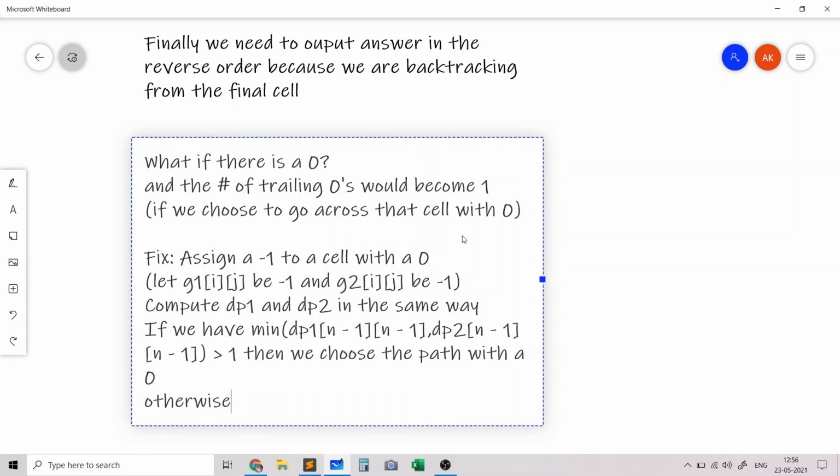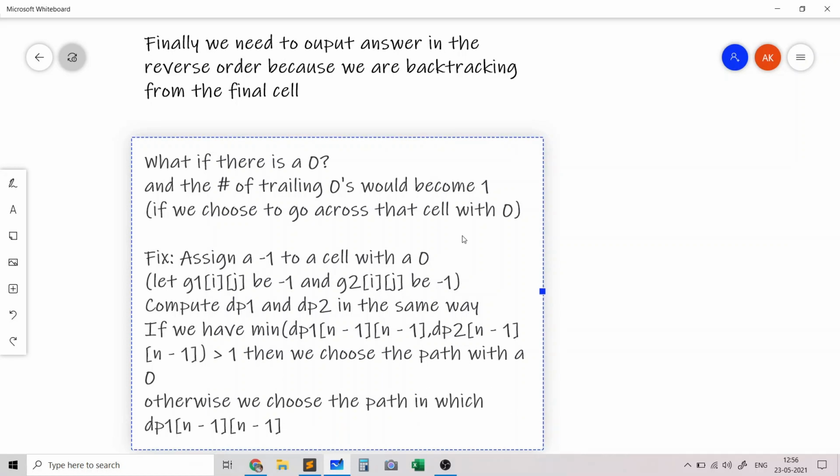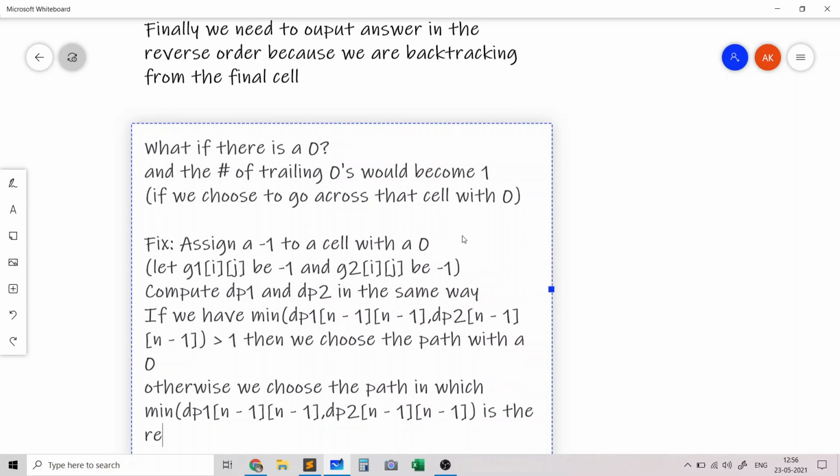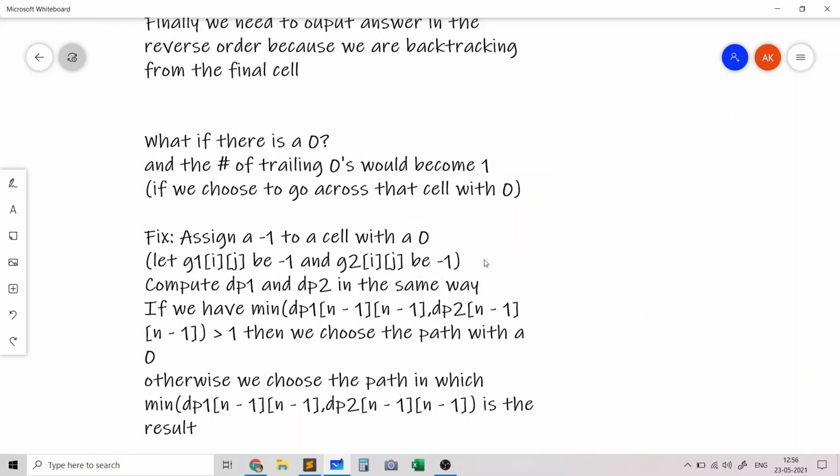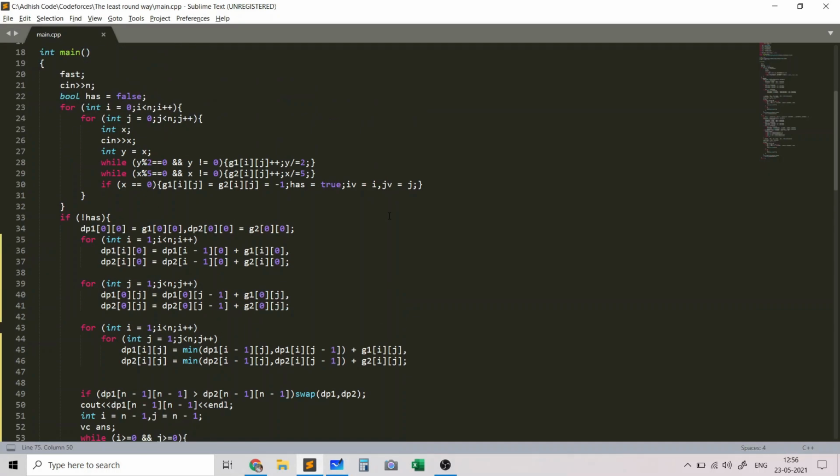Otherwise, we choose the path in which the minimum of these two is the resulting number of trailing zeros. So this is a small fix which we need to take care of in our code. So let's look at the code now.